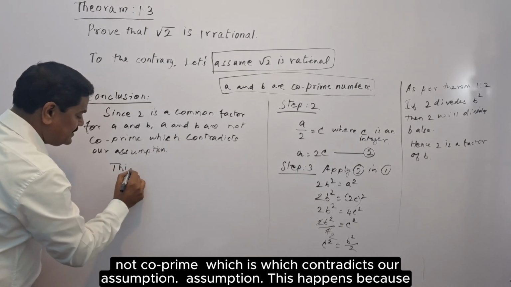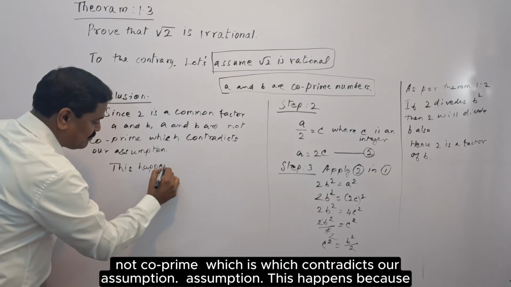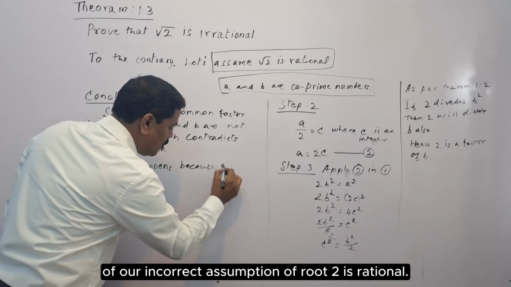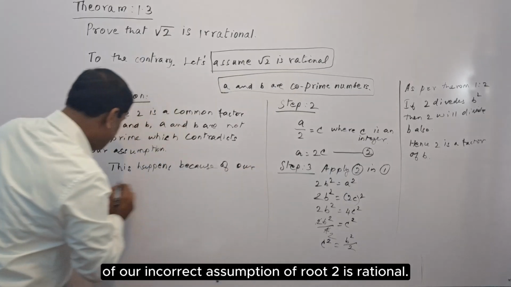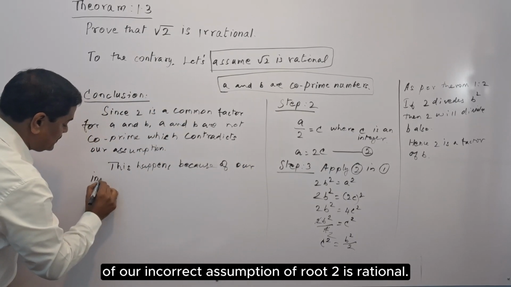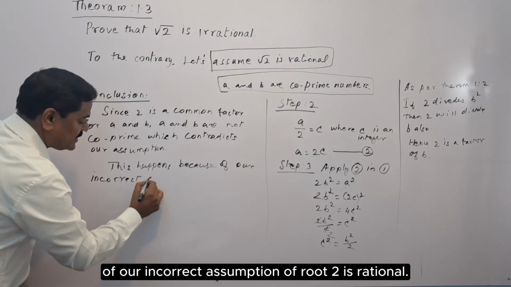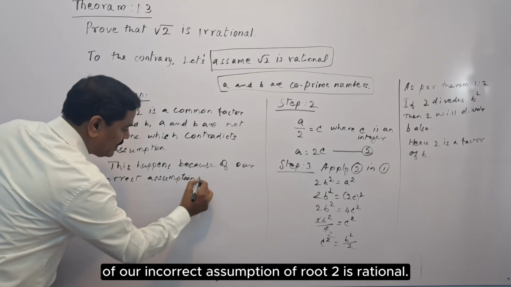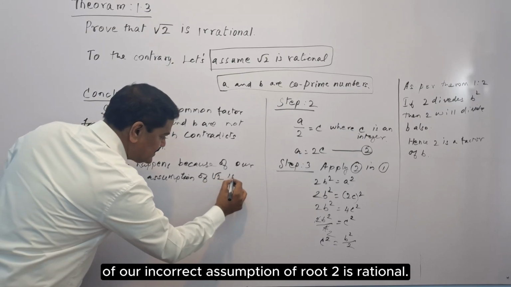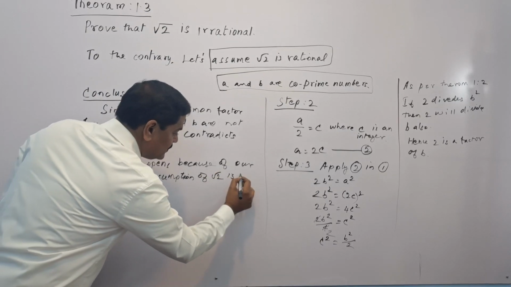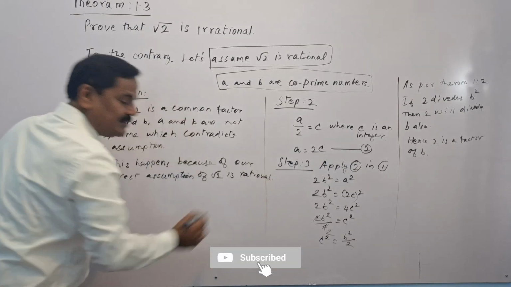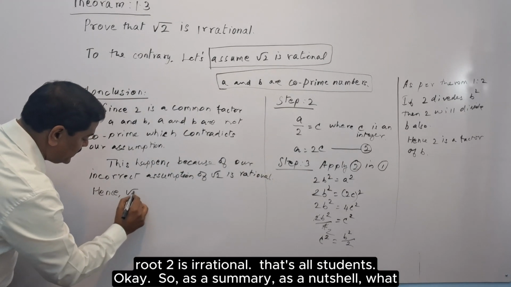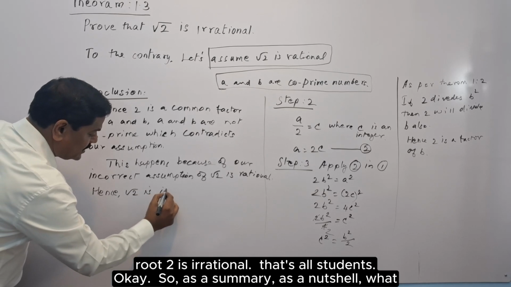This happens because of our incorrect assumption that root 2 is rational. Hence root 2 is irrational.